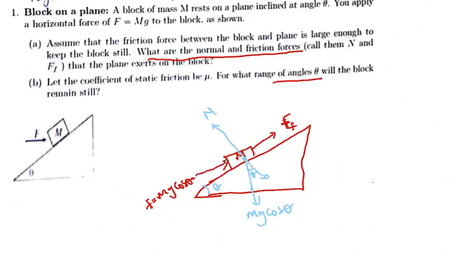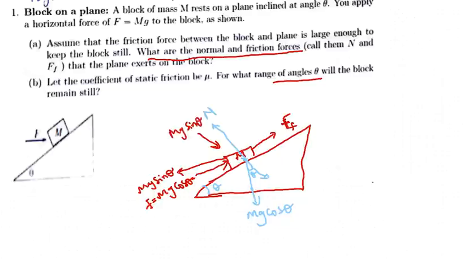Then this mass as well will be trying to slide down, which is mg sin theta. And there will be another force perpendicular to the plane, pointing downward, which is mg sin theta.